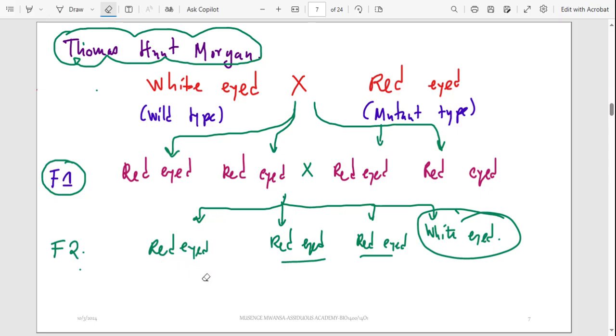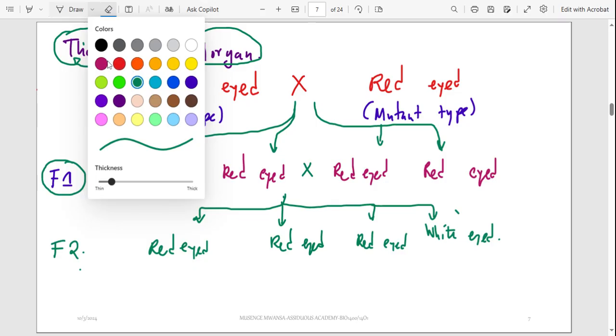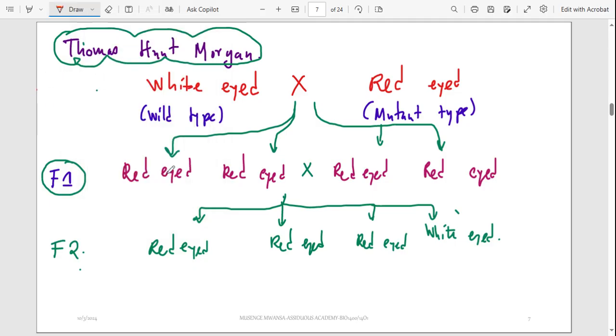So, firstly, let's talk about the experiment that was done. Remember what was crossed here. He got one offspring and crossed with another, and that's what gave us the results.